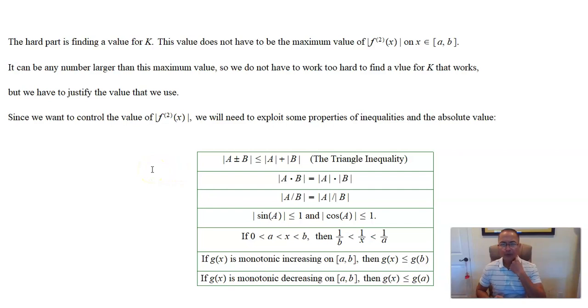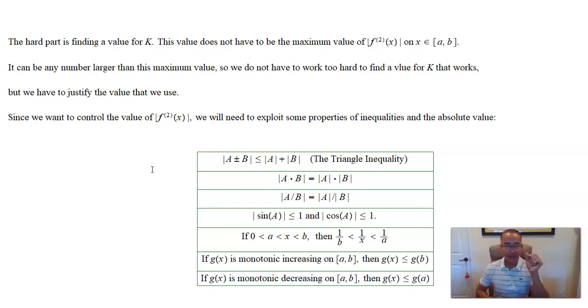Well, if A and B are both positive, like 2 and 3, something simple, then 2 plus 3 is 5, so the absolute value of 5 is, in fact, equal to the absolute value of 2 plus the absolute value of 3. All of it's positive. Same thing if they're both negative.